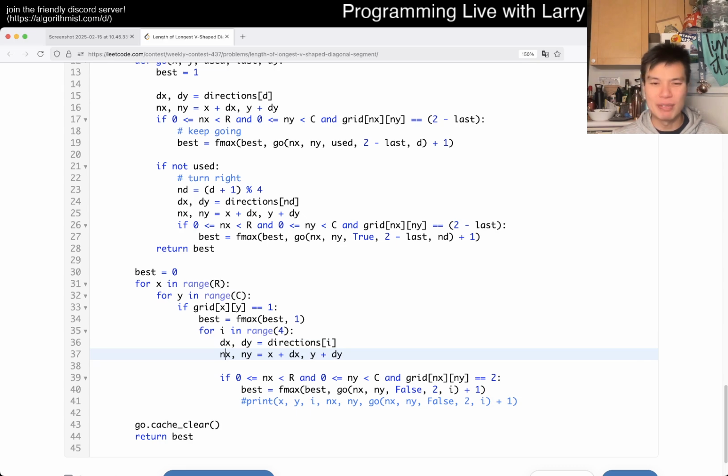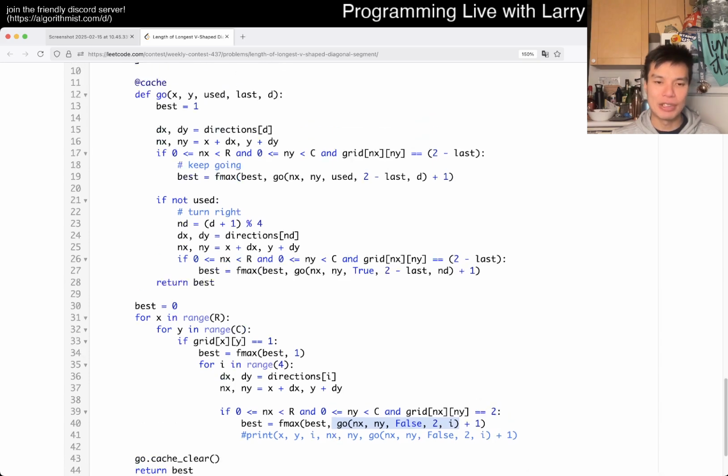Hopefully this part is straightforward; this is just the next one. Because we start with grid value equal to 1, the next one has to be 2. So we double check if it's 2, and if it is, then it's going to be 1 for the current one plus the recursion. We'll go over the states and the recursion now.